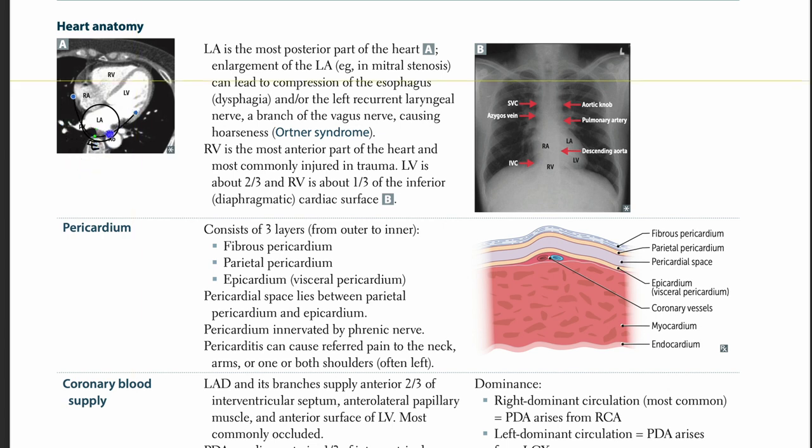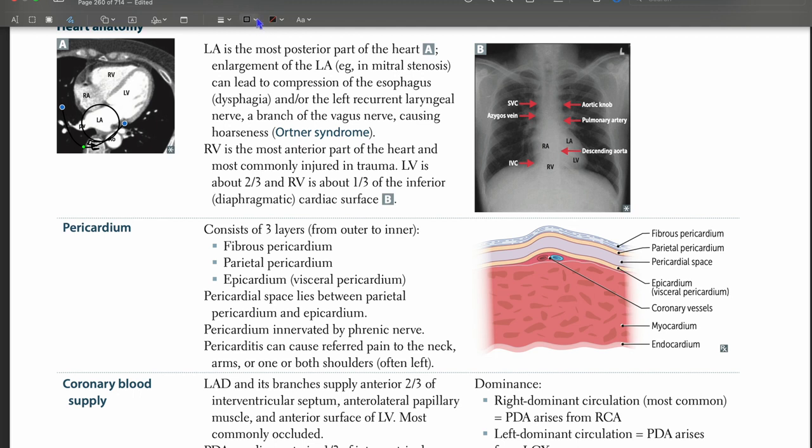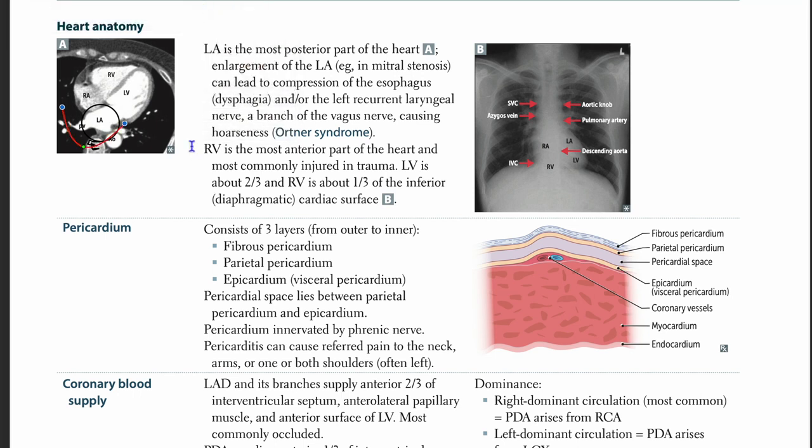The aortic arch right there, and the aortic arch has the left recurrent laryngeal nerve, so that's also going to get affected, because that's where the recurrent laryngeal nerve is. It's around the sixth arch, or the PDA.